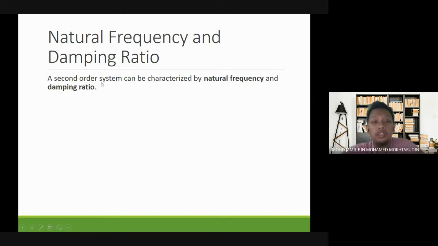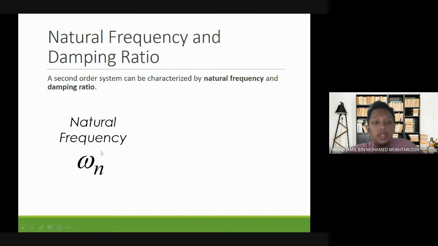Okay, so a second order system can be characterized by using natural frequency and damping ratio. So what is natural frequency? Okay, in Malay it is frekuensi asli. Maybe you have heard it before.